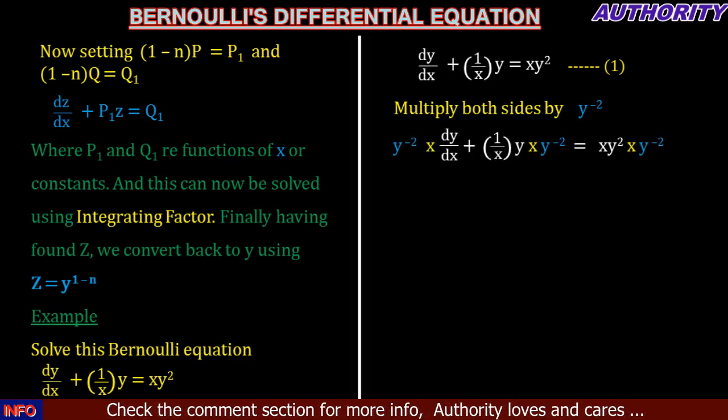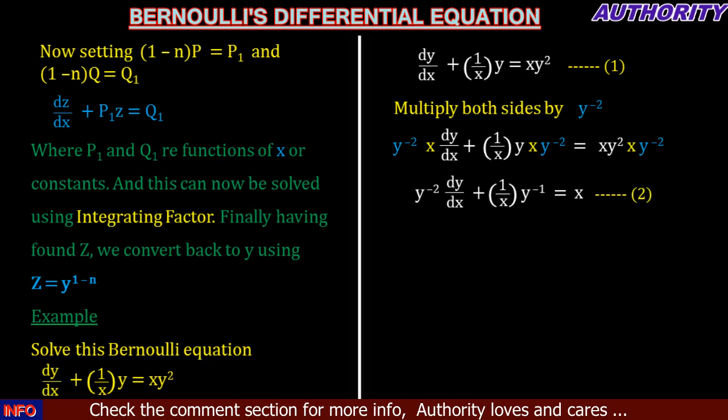We're going to have y raised to power minus 2 times dy/dx plus 1 over x times y times y raised to power minus 2 equal to x y squared times y raised to power minus 2. So when we perform the operation, we are going to see that y raised to power minus 2 dy/dx plus 1 all over x.